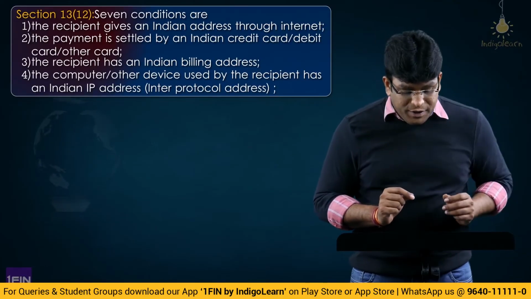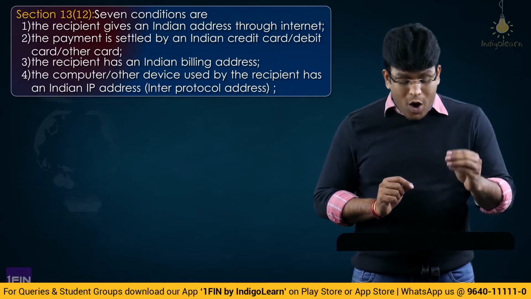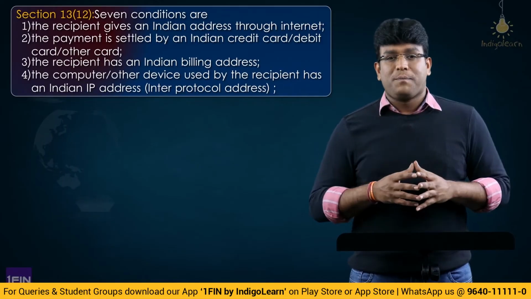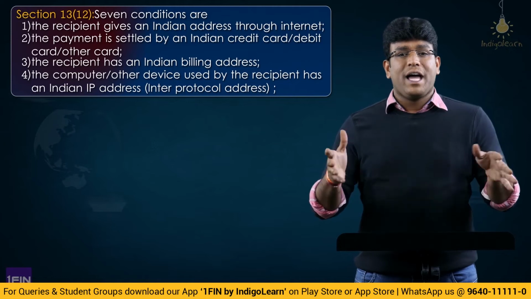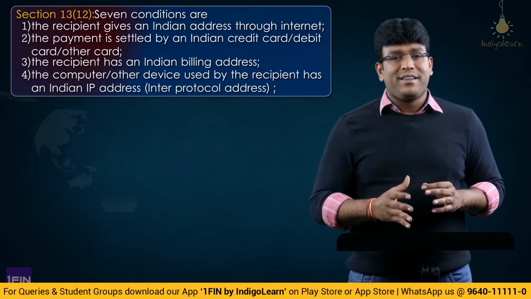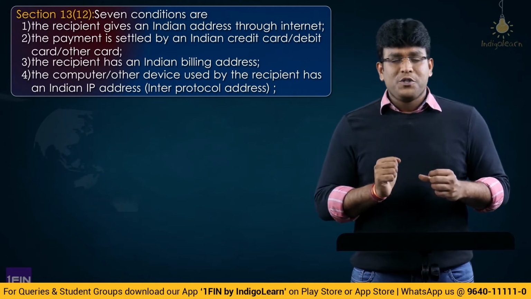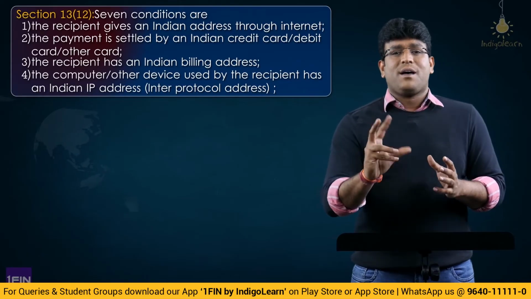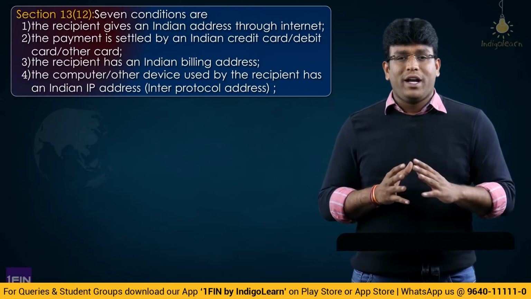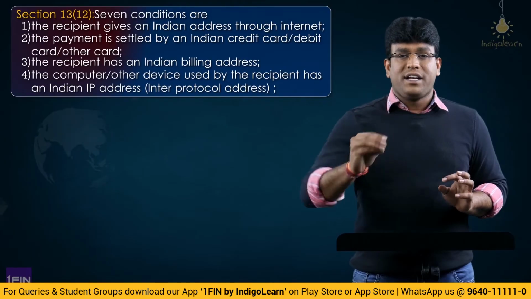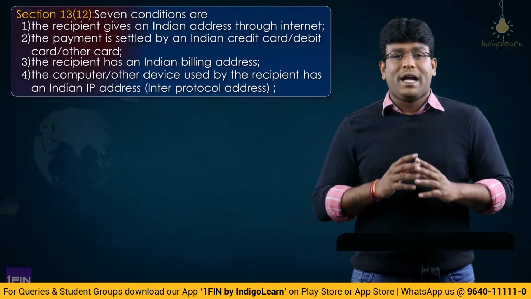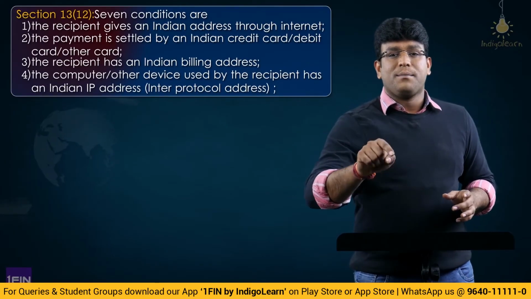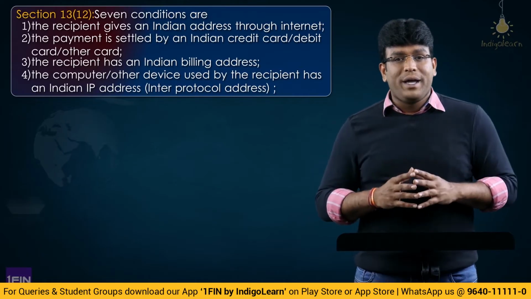So they have clearly given fourth condition, the computer or other device used by recipient, it has got an Indian IP address. So that's clearly evident that the device is in India. So technically they tried to give some 7 conditions, of which they told if 2 are satisfied, then we treat that the location of recipient is deemed to be in taxable territory. That is, it is deemed to be in India.